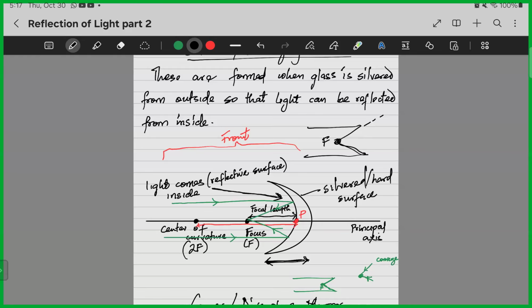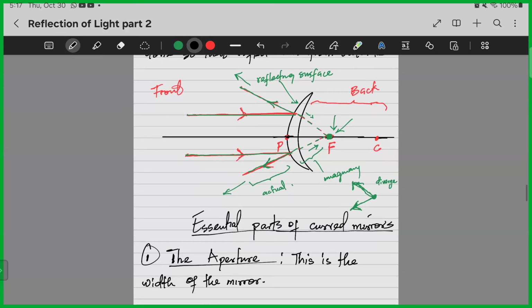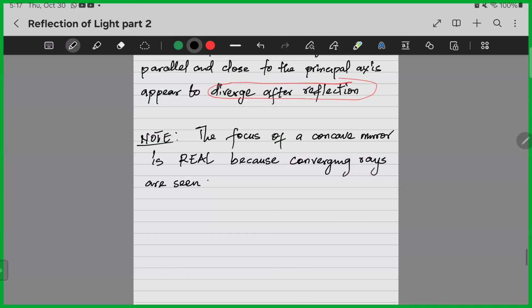Let me clean that. I'm just using that to explain. Please follow in class. You are meant to pay attention so that you don't miss any point. But in this case, we did tracing, so this one is virtual. Are you getting me? So that's the idea. This one is real because the converging rays are seen. Why is the focus of a convex mirror virtual?